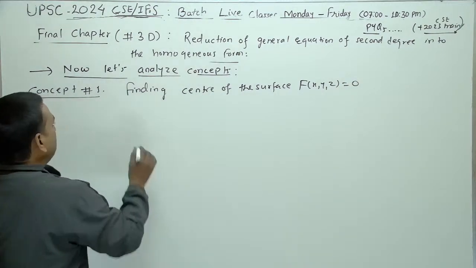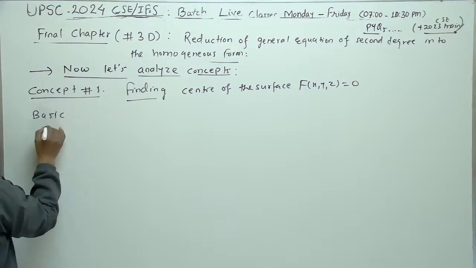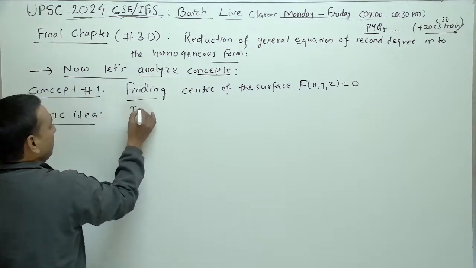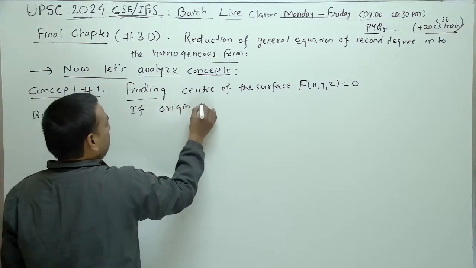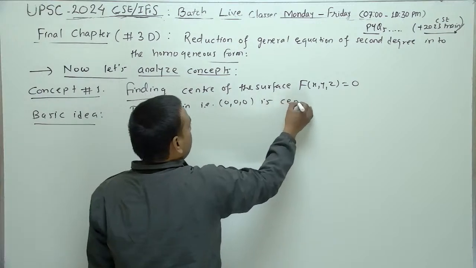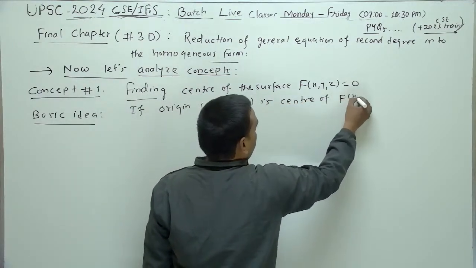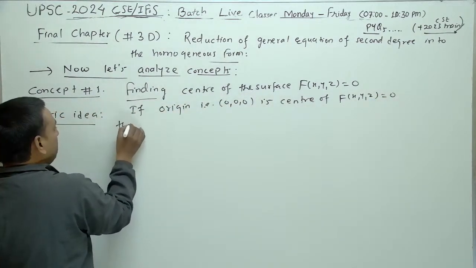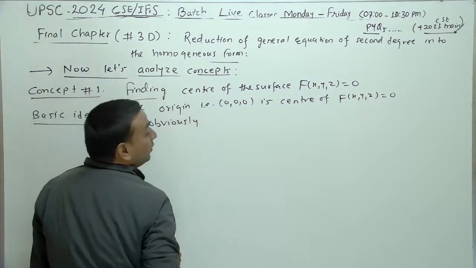Look carefully, what is the basic idea? If the origin, that is 0 0 0, is the center of f of x y z equals to 0, then obviously what should happen?